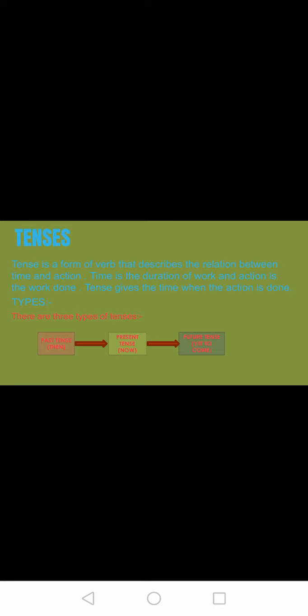Whatever thing is over, that is past tense. Present tense means now, right? We are doing at a particular time. This is now. Just now, whatever we are doing, that is present. Future tense, yet to come, is going to come. That is, in future it will happen.